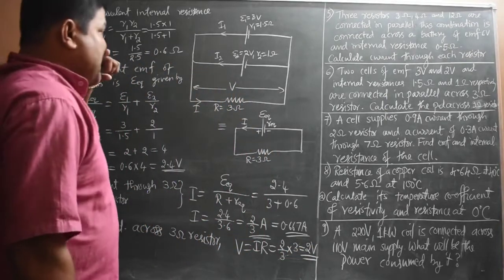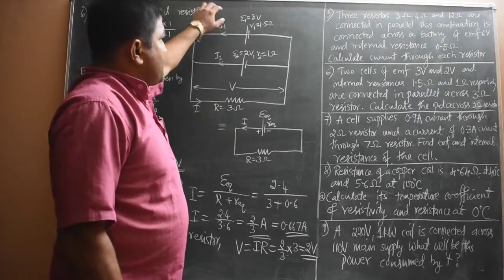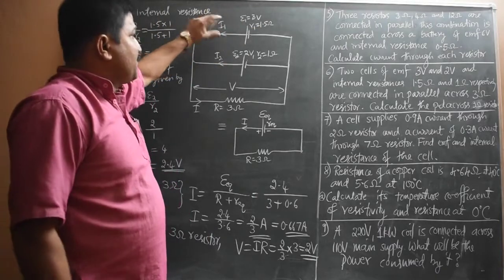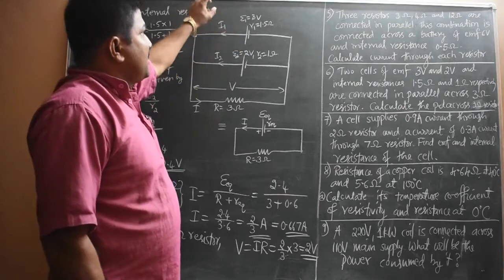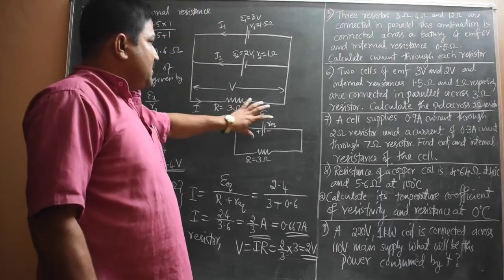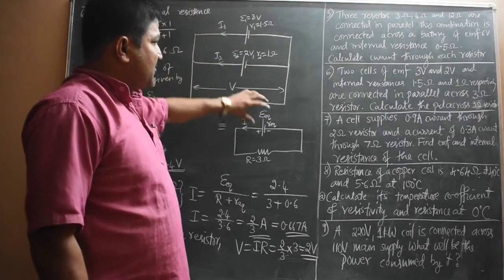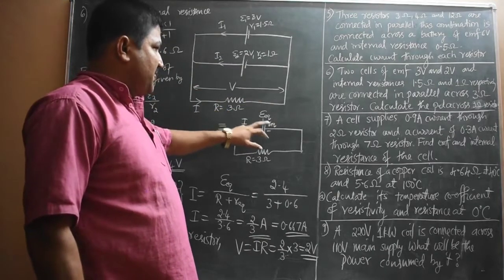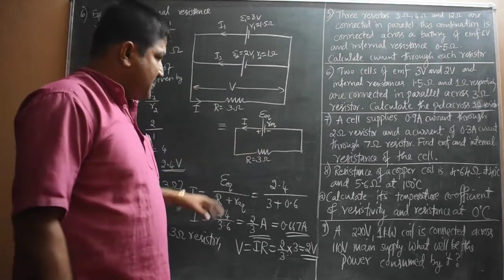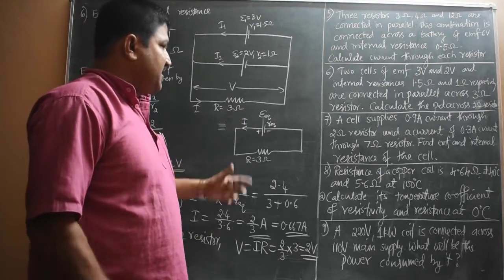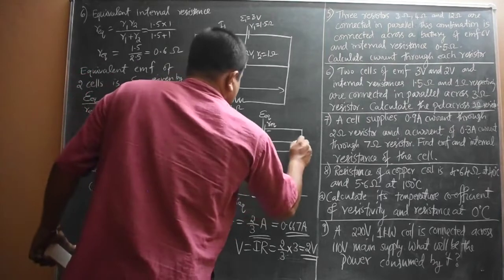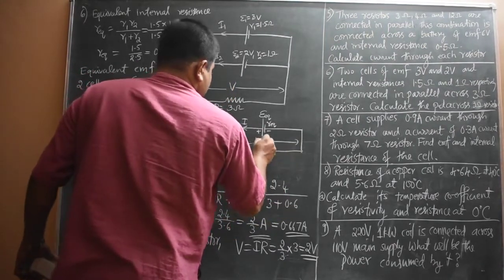So the idea is finding first the equivalent resistance of the two cells and the equivalent EMF of the two cells. Then replace the combination of two cells by a single cell of certain EMF and certain internal resistance. Then find the current. Then find the PD across the 3 ohm resistor just by using Ohm's law.